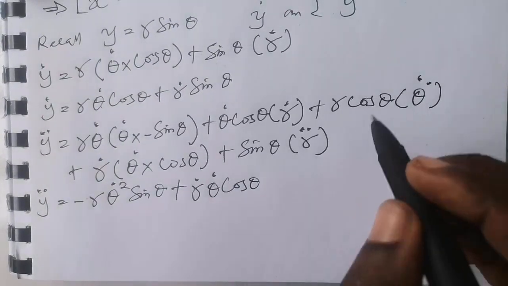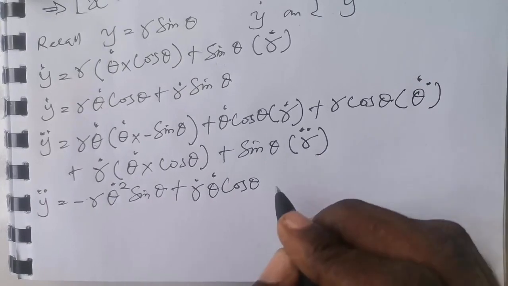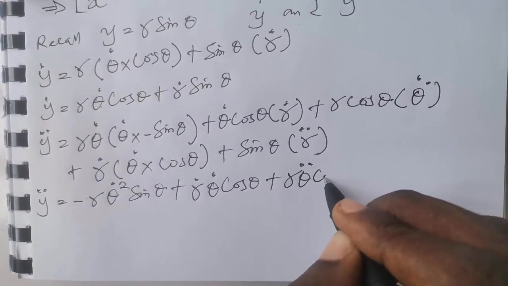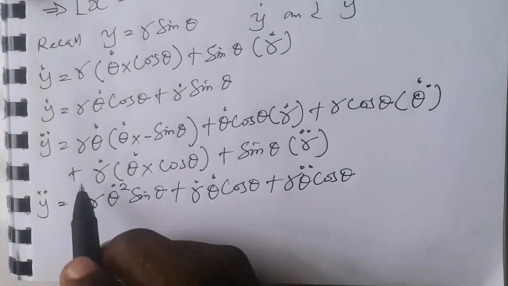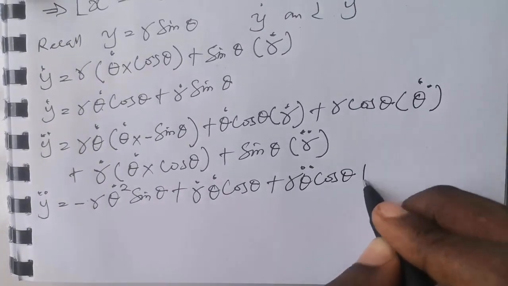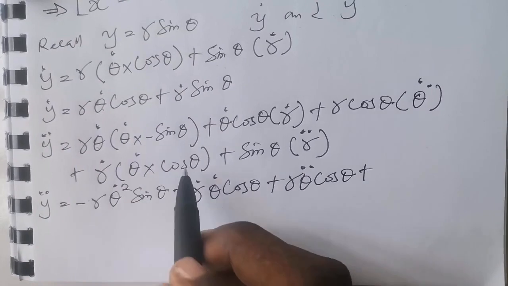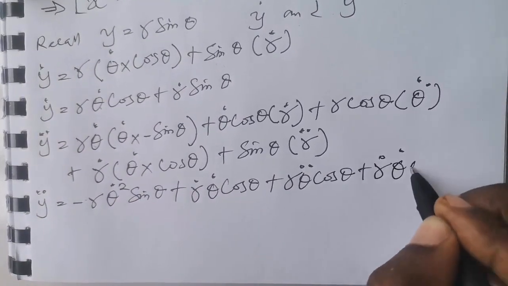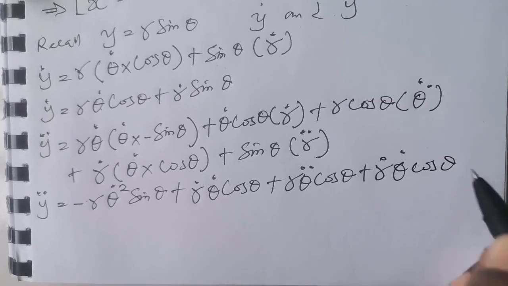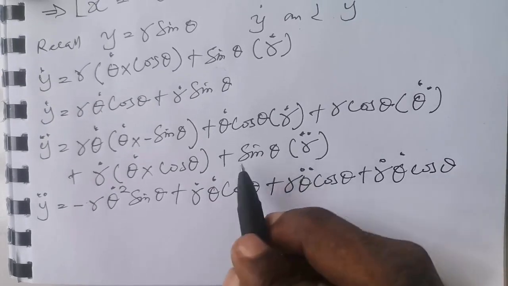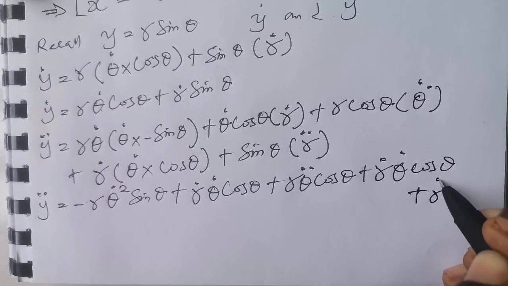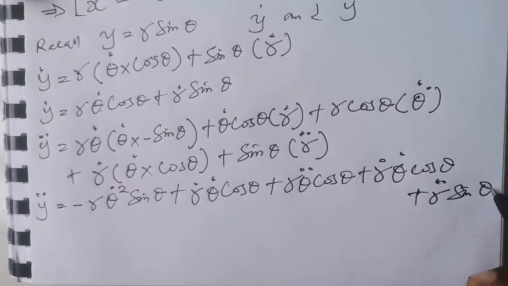Over here I have r theta double dot cos theta, so plus r theta double dot cos theta. Over here I have plus r dot theta dot cos theta plus r dot theta dot cos theta, plus I have r double dot sine theta. So you can put that down here, plus r double dot sine theta.